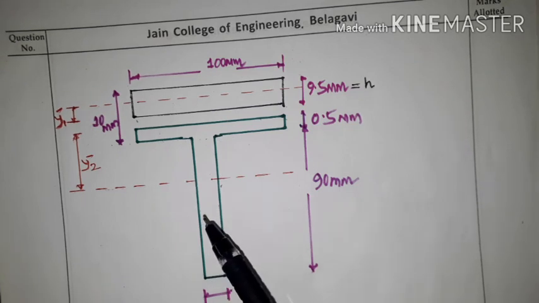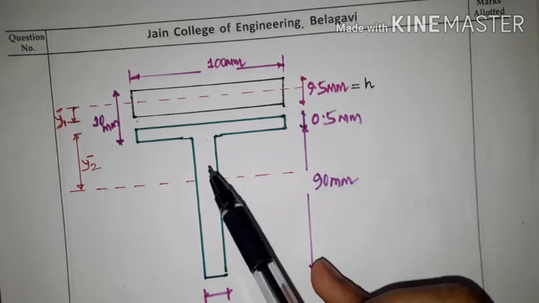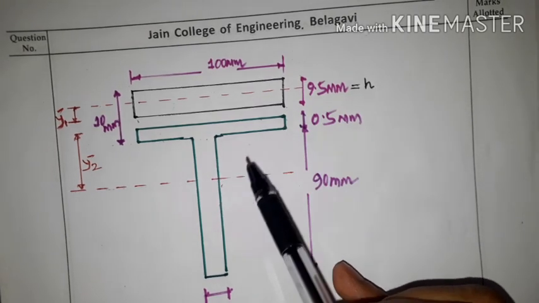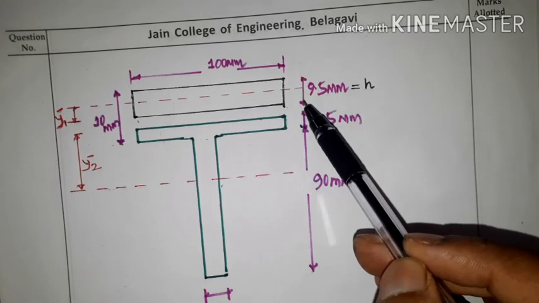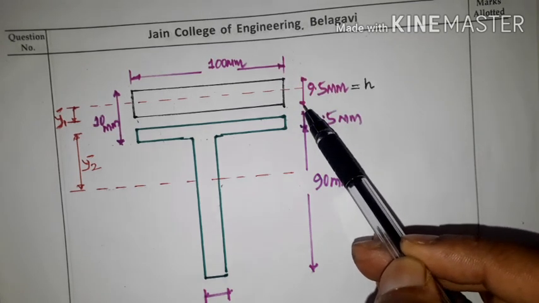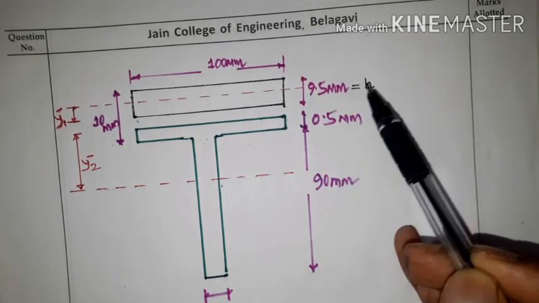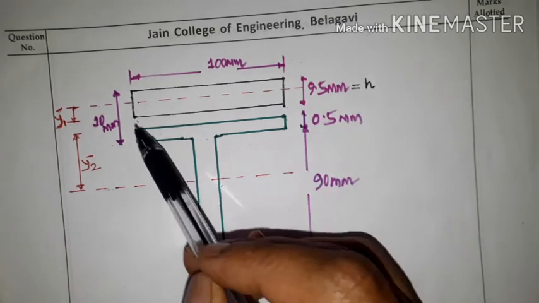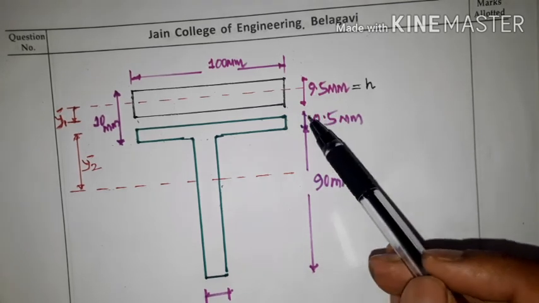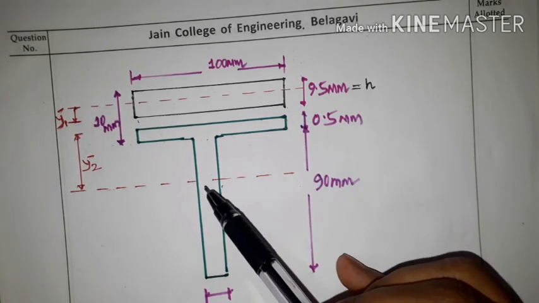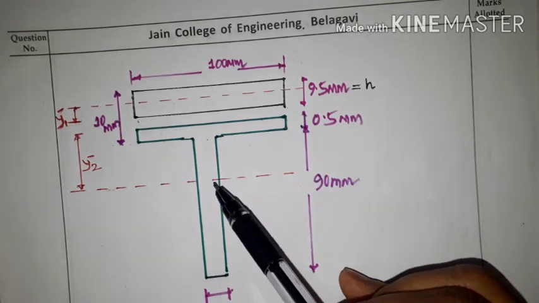The total thickness of flange is 10 mm actually, but because the equal area axis is located at a distance of 9.5 mm from the top flange, that is h, we have left only 9.5 as the thickness of flange above equal area axis, and 0.5 mm is added to the part below the equal area axis.